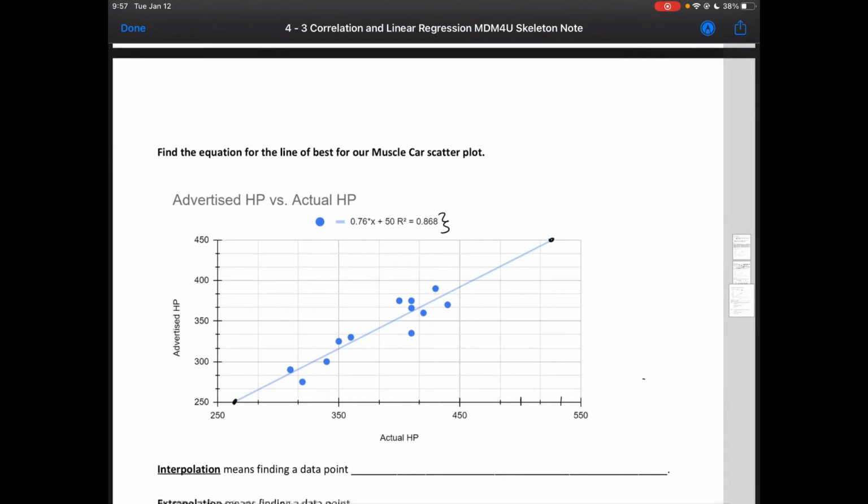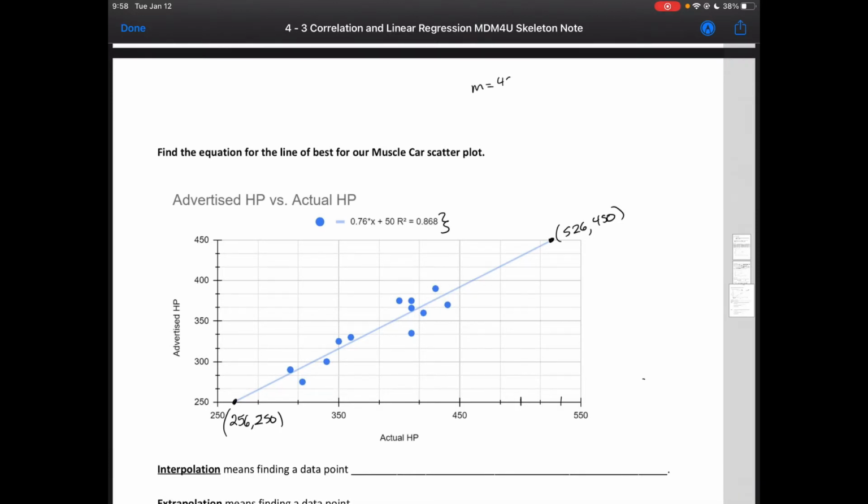Let's choose our 2 endpoints here. This is about 256 and 250. And then over here, we've got about 526 and 450 as my other endpoint.